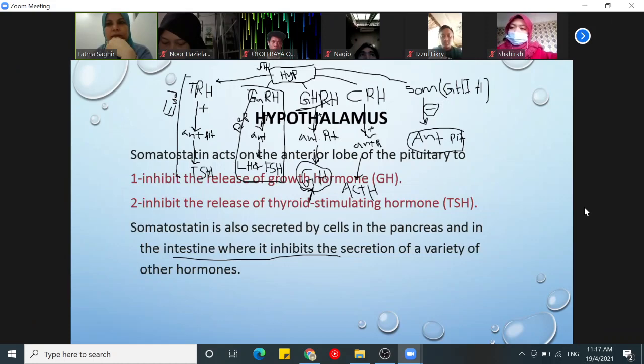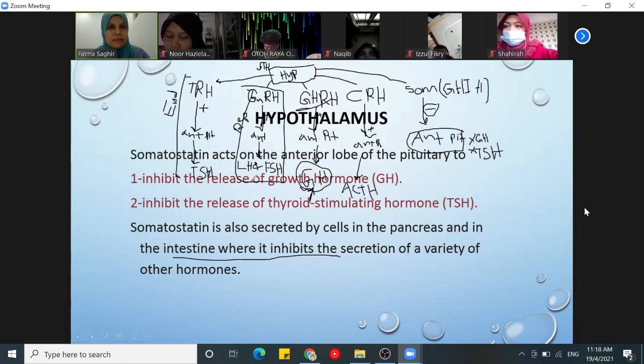So besides inhibiting anterior pituitary from secreting growth hormone, it will also inhibit another. We can add here. So this hormone will inhibit anterior pituitary from secreting, which means there will be suppression of two hormones here: growth hormone, and also it will suppress secreting of thyroid stimulating hormone.